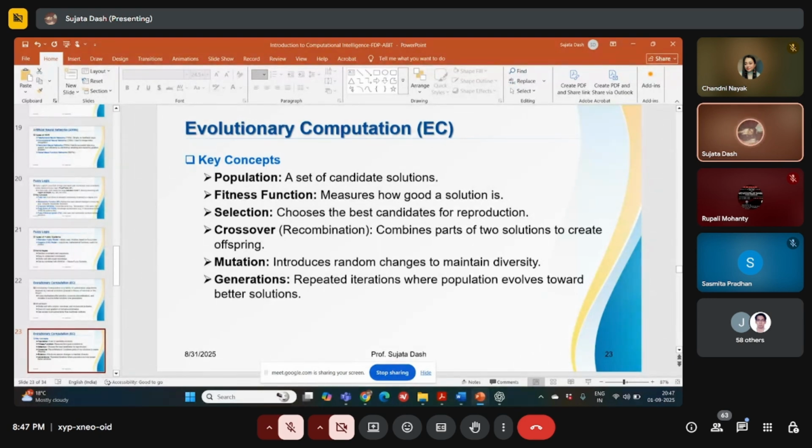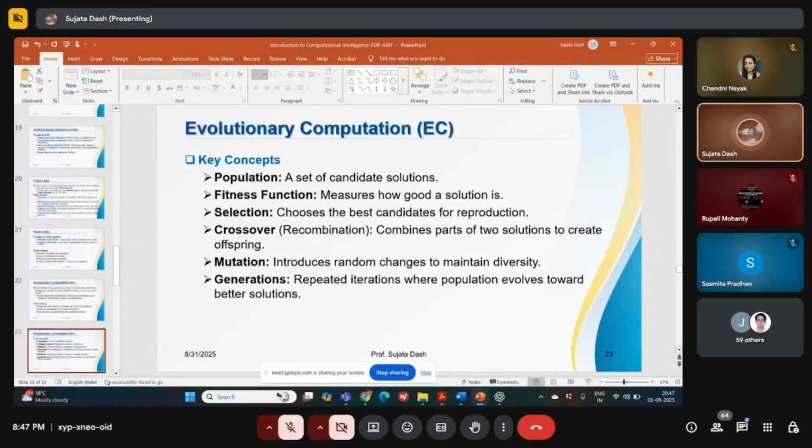Mutation makes a random small change in the solution to maintain diversity. Then comes survival of the fittest. Iteratively, better solutions survive while weaker ones are eliminated. Then convergence: over multiple generations, the population gradually improves and converges towards optimal or near optimal solutions.